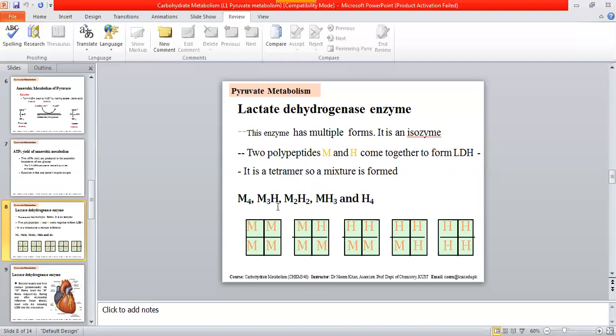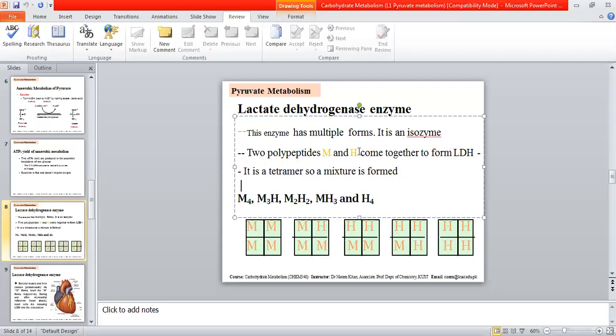This M and H are actually designations. Basically, this enzyme is a tetramer made up of 4 polypeptide chains, which are coiled upon one another making this protein molecule. And these 4 chains are of 2 types.